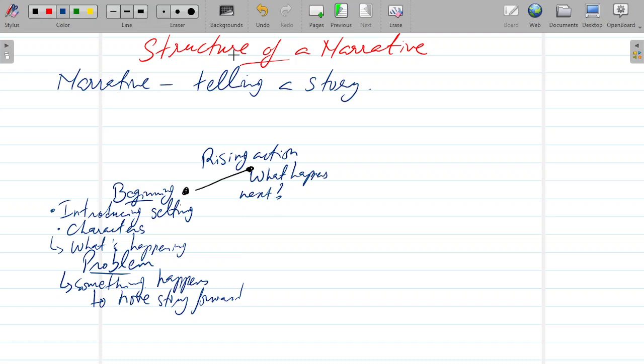And then after rising action, you have the climax. So the climax is not the ending of the story; it is the peak of the story, right? Where the major events happen.